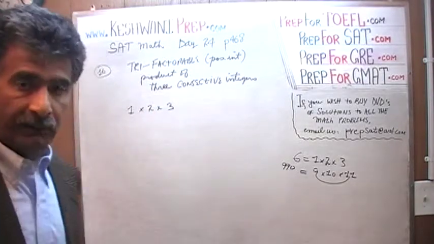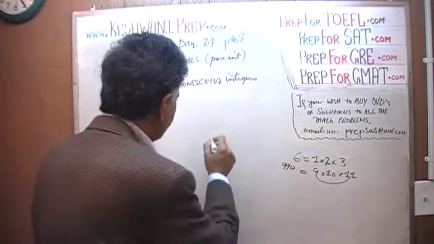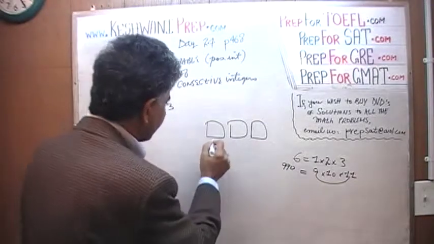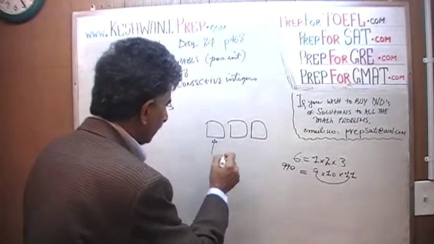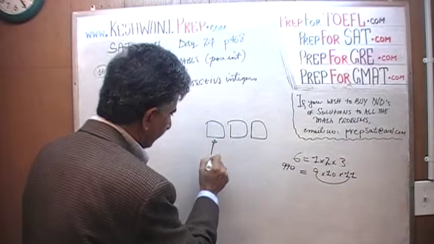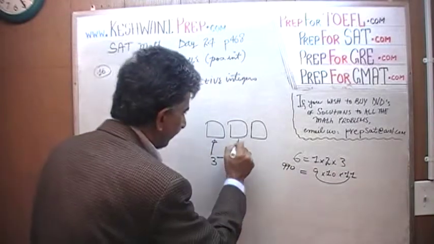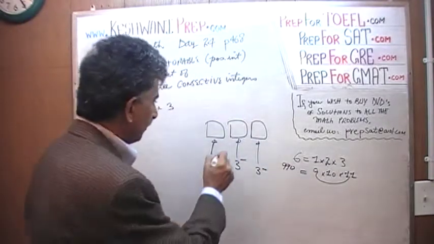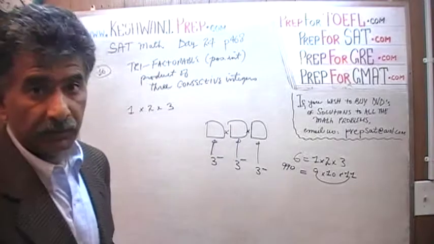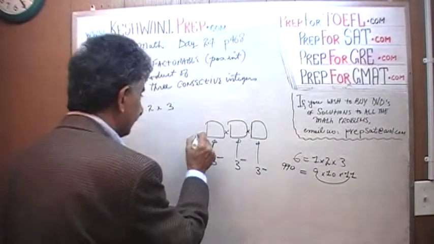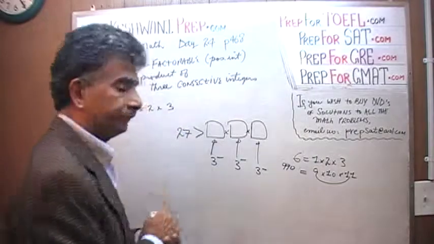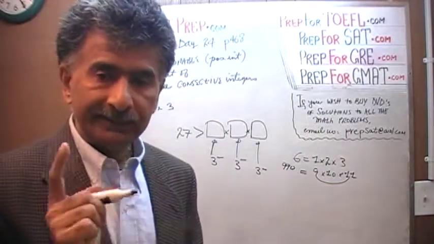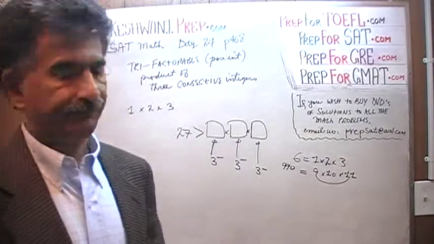Because if I have 3 numbers, and I tell you that this one is less than 3, and this one is less than 3, and the third one is less than 3, and we were to multiply them, I do not know what their product is, but whatever it is, it's got to be less than 27. Why? Because 3 times 3 times 3 is 27. So if they are all less than 3, their product has to be less than 27.